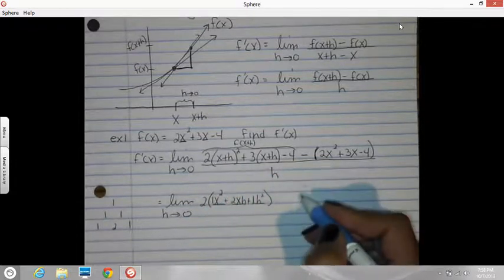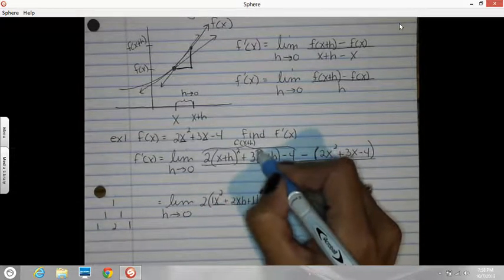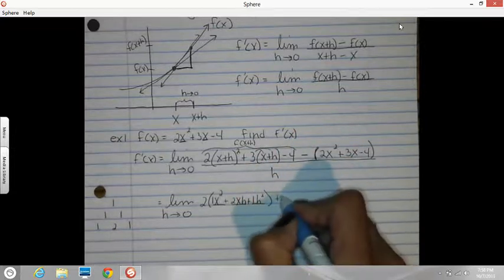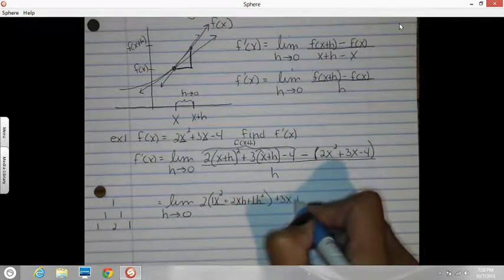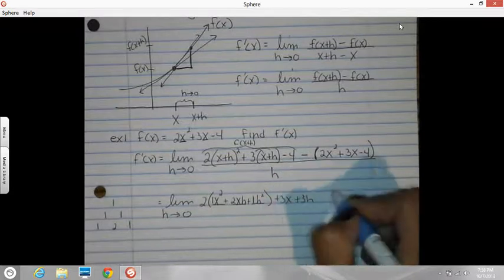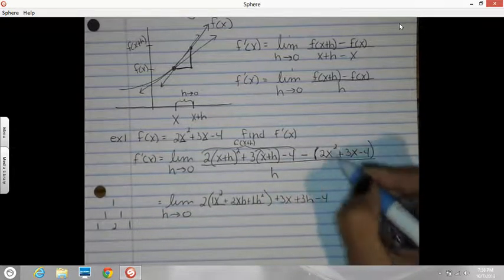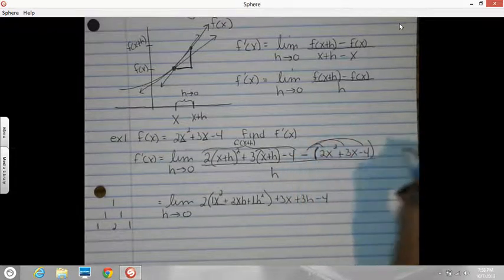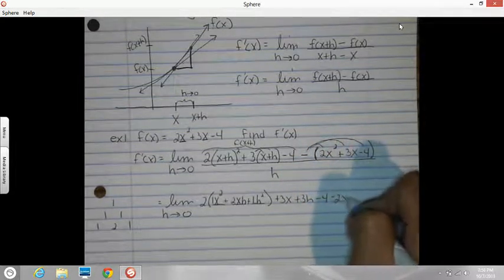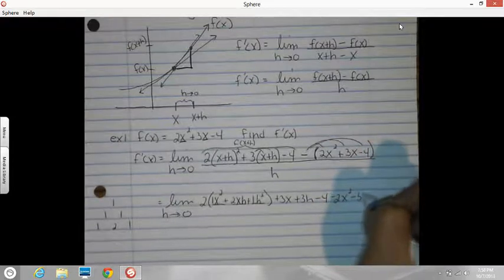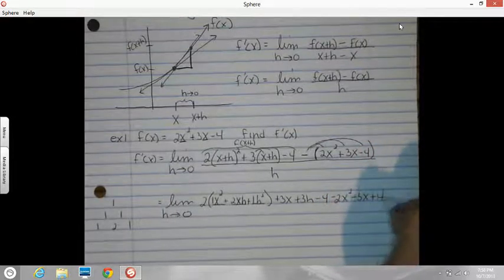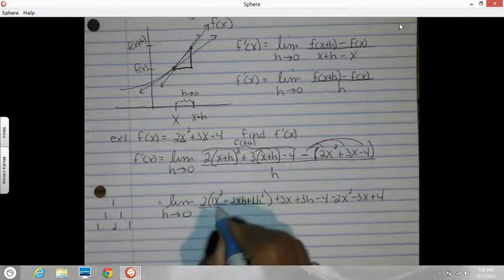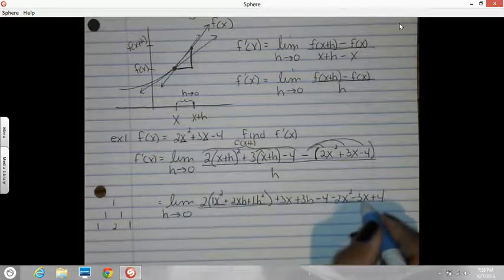Now I'm going to take the time to distribute the 3. So plus 3x plus 3h minus 4. Now I'm going to distribute the negative here. So minus 2x squared minus 3x plus 4, all divided by h.